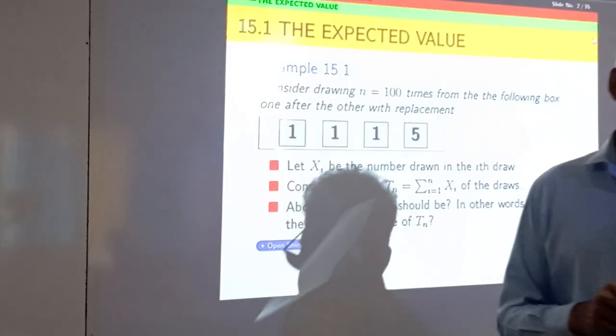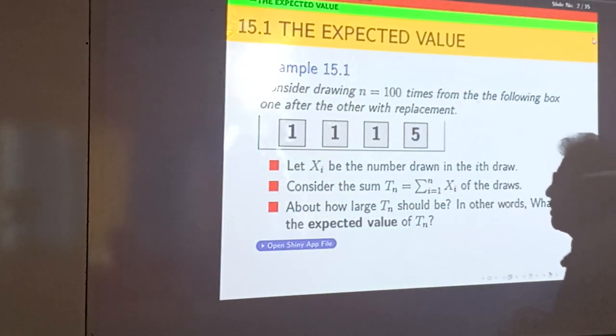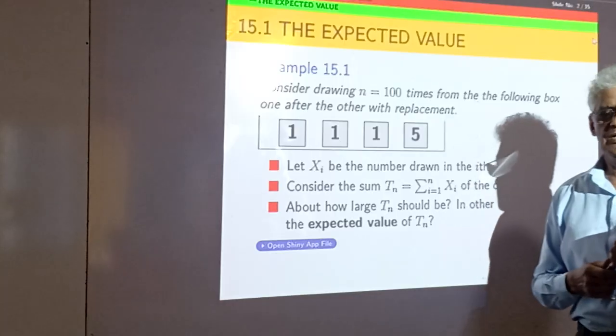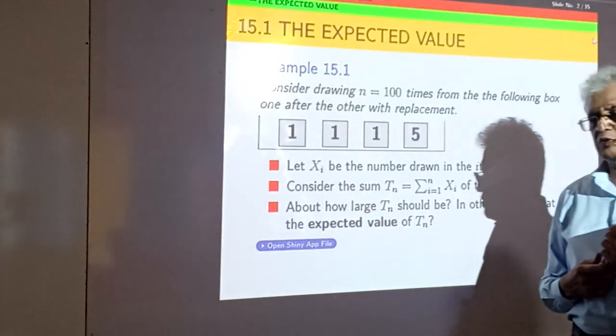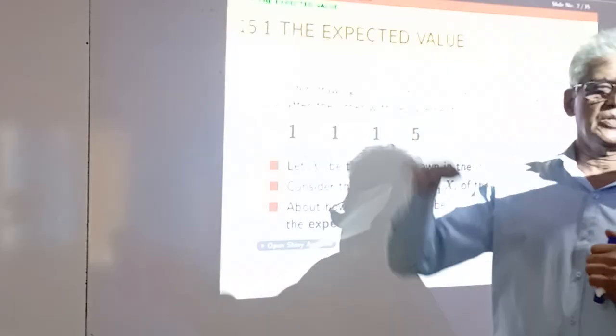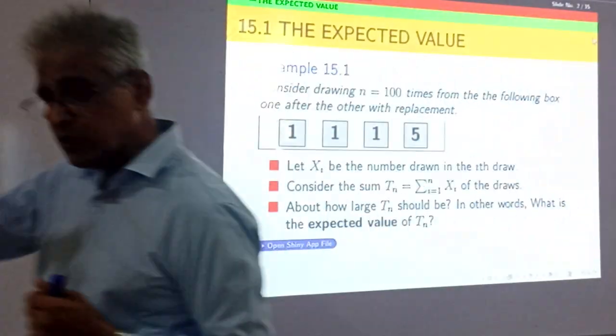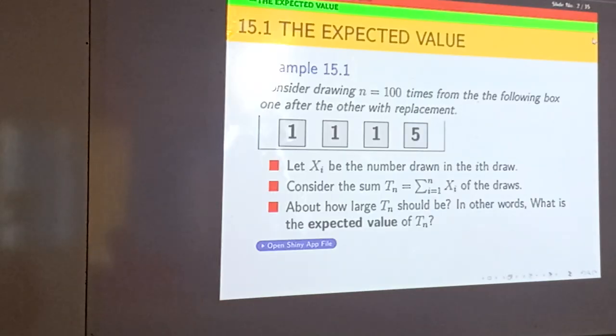So the mean is 2. Therefore, if you do it 100 times, the expected Tn is 2 times n. Right? So that means if you do 100 times, then you expect the total to be around 200. But what is the variation is the question. Right. What are the possible values around that?